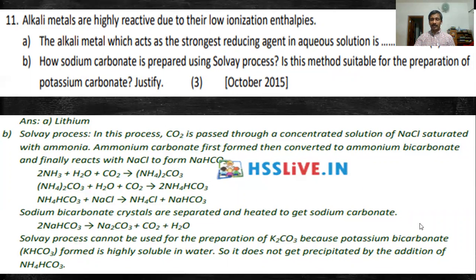That is explained here. Potassium bicarbonate formed is highly soluble in water, so it does not get precipitated by the addition of ammonium bicarbonate. That is the problem. The various steps are given here again. You study it.